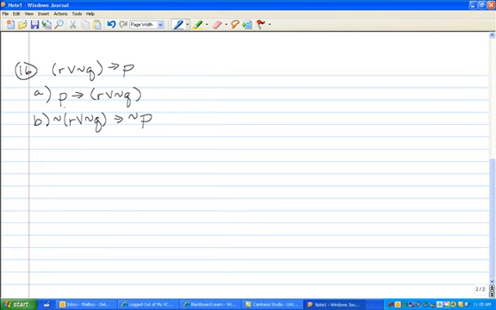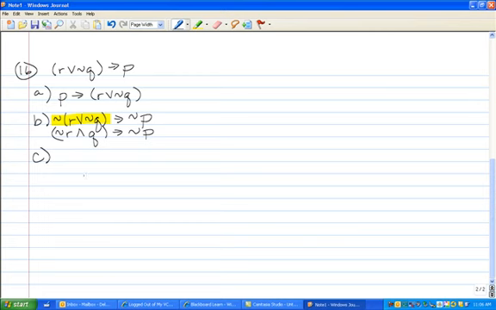That's going to be not R and Q. So we're negating an OR statement that becomes an AND statement. And we negate each part. So if not R and Q, then not P. Okay, then in C, we want the contrapositive, we want to switch the order and negate each part.